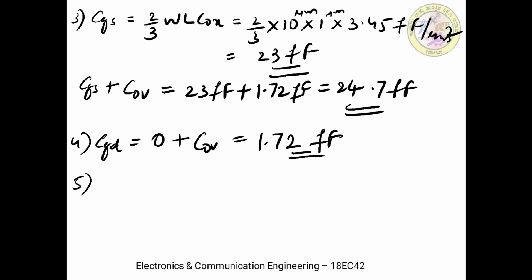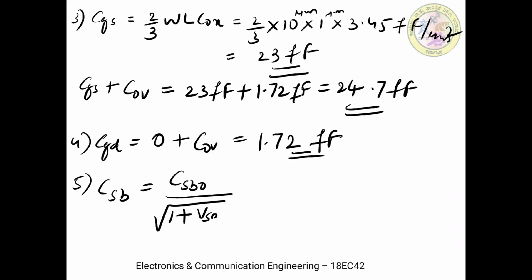Next one more we are going to calculate is CSB. All the previous were the gate capacitive effects. Now CSB and CDB are the junction capacitances. For junction capacitances we have the formula CSB naught by root of 1 plus VSB by V naught.